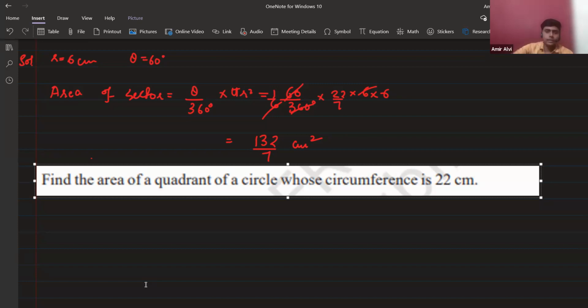Yes, everybody, any answer? To find radius, we can say 2 pi r is equal to 22. Yes, that's also one approach.